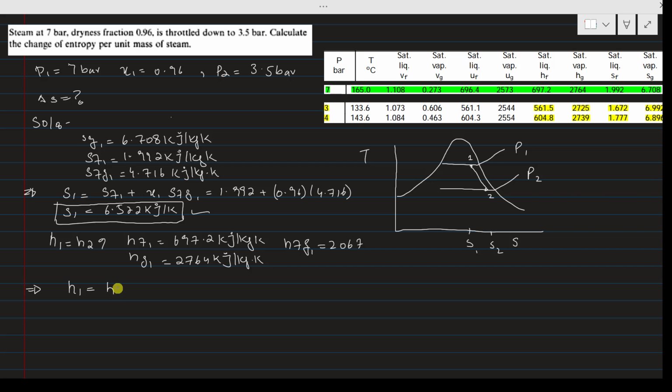So H1 will be equal to Hf1 plus dryness fraction times Hfg1. Put in the corresponding values: 697.2 plus dryness fraction 0.96 multiplied by 2067, and after simplification you will get the H1 value, which is equal to H2, that is 2682 kilojoule per kg.